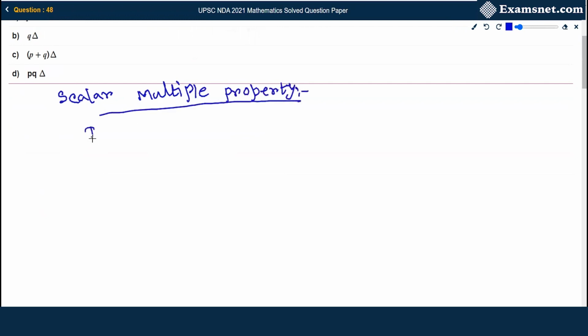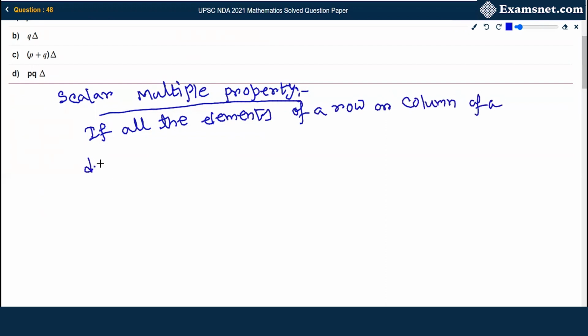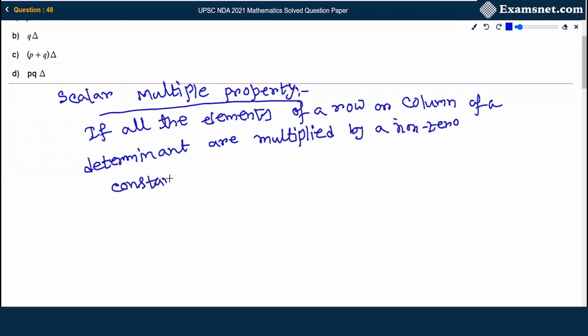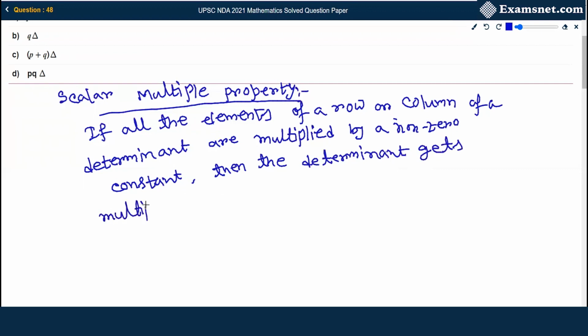It states that if all the elements of a row or column of a determinant are multiplied by a non-zero constant, then the value of the determinant gets multiplied by the same constant.